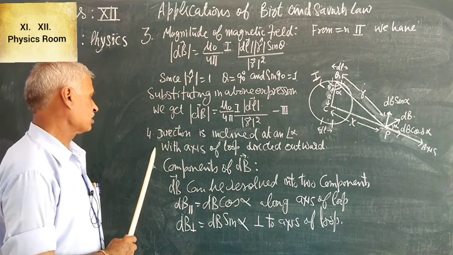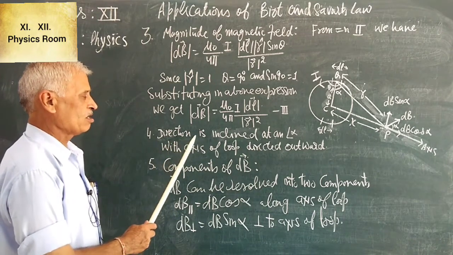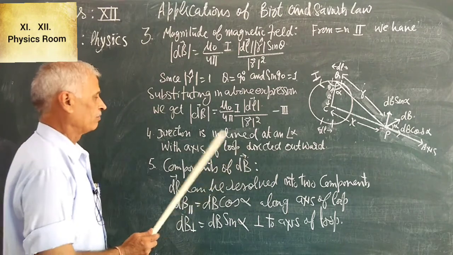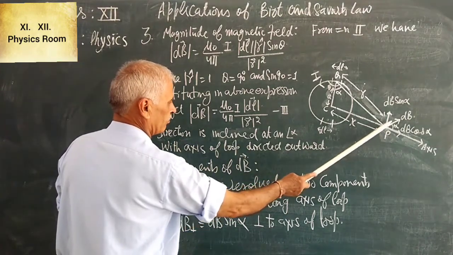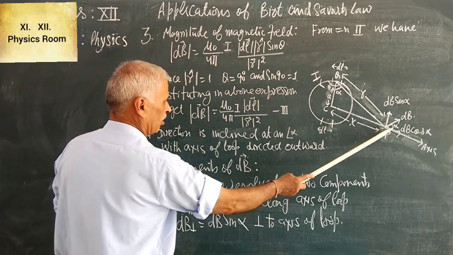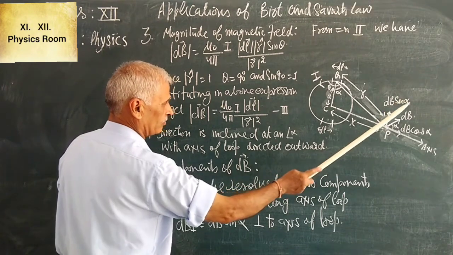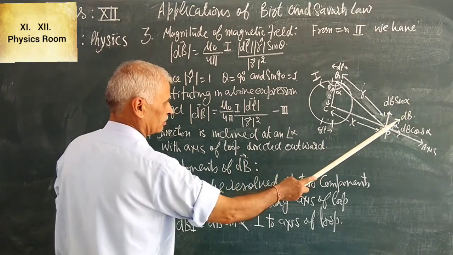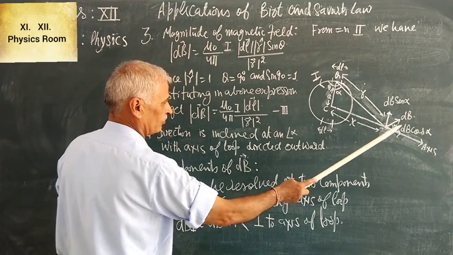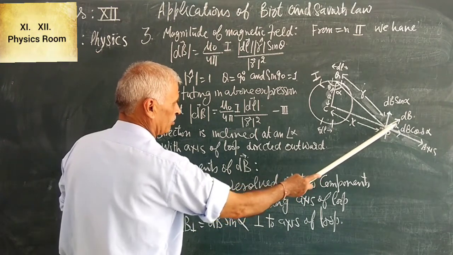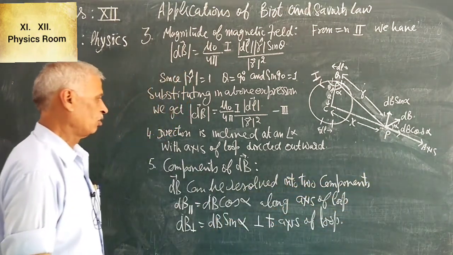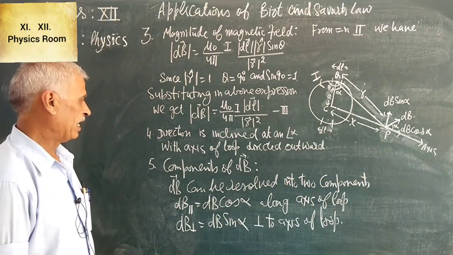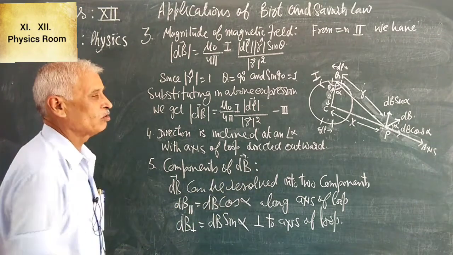Now in the fourth step we take up the direction of the magnetic field. The direction is inclined at an angle alpha with the axis of the loop, directed outward. So dB is inclined at an angle alpha with the axis of the loop and is directed outward.